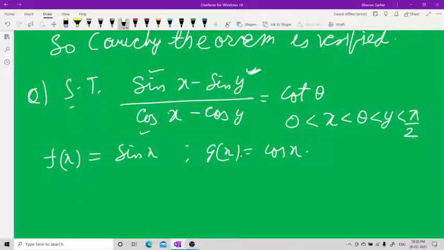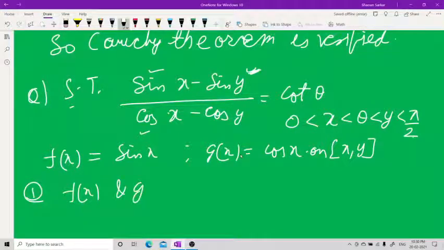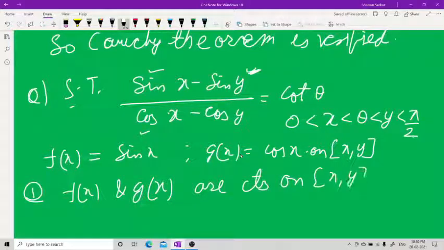Now on the interval, let us say on the interval x comma y, the first point is that f(x) and g(x) are continuous on x comma y, no problem.